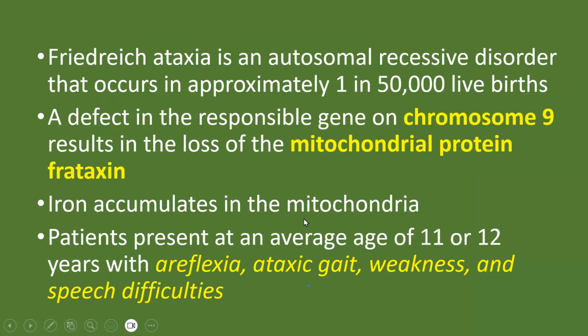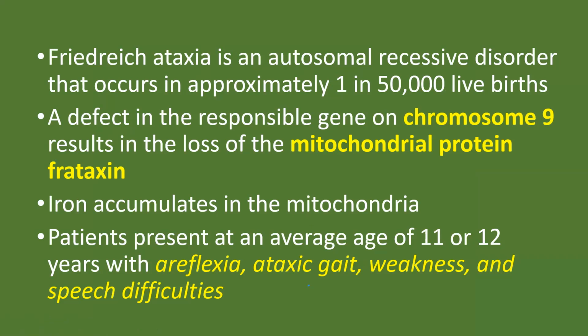Friedreich's ataxia is an autosomal recessive disorder that occurs in approximately 1 in 50,000 live births. A defect in the responsible gene on chromosome 9 results in loss of the mitochondrial protein frataxin. Iron accumulates in the mitochondria.